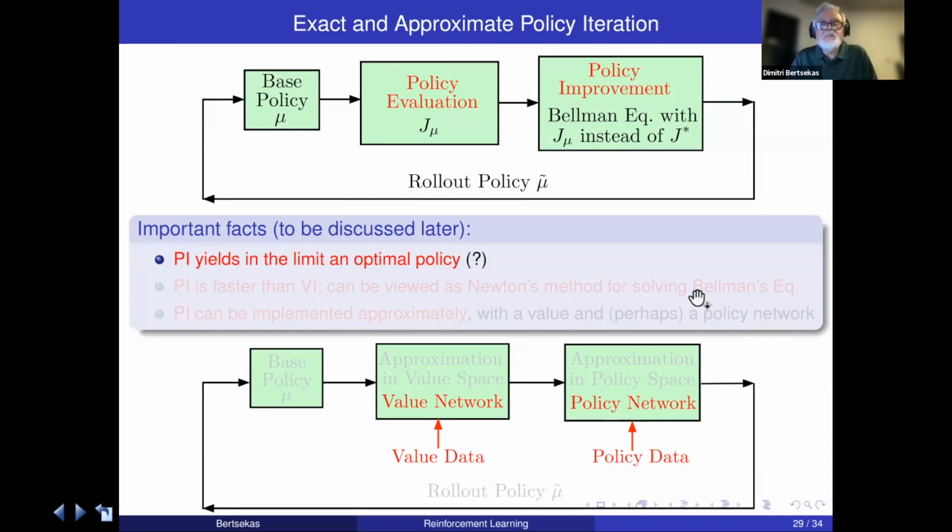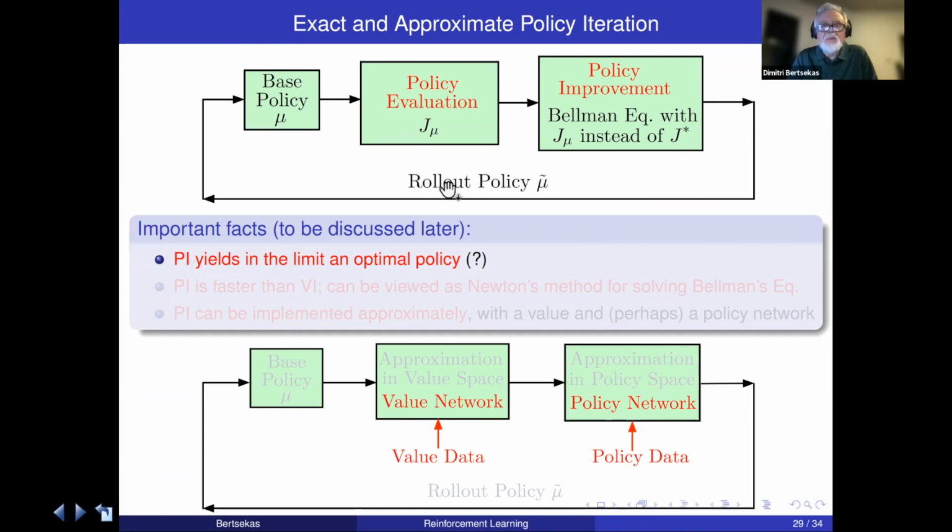And we can consider exact versions of policy iteration and approximate versions. Okay, here's a schematic for an exact version of policy iteration. Remember that it generates a sequence of policies. Starting with a base policy, it produces a rollout policy.